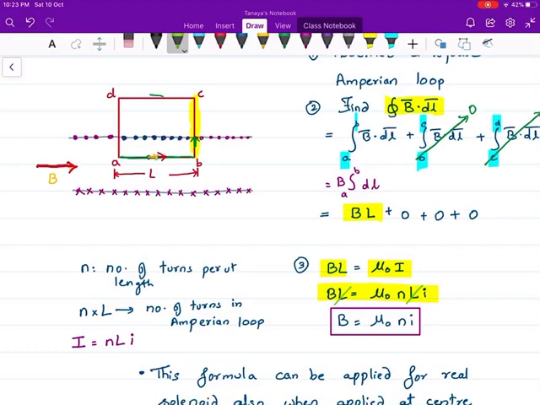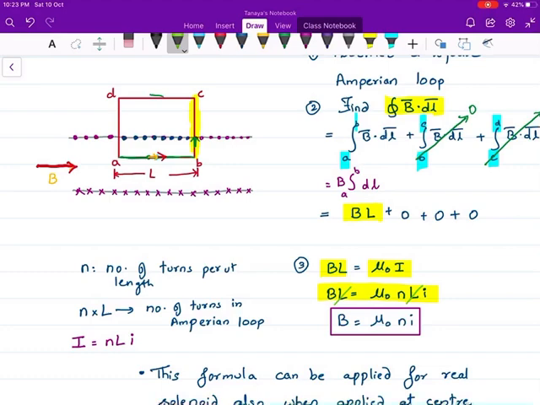What is so special? What do you note over here? That it is not dependent on the distance from the edge. Okay, there is no distance related over here. The magnetic field inside a solenoid is depending only on the number of turns and the current flowing through the solenoid or current flowing through the coils.